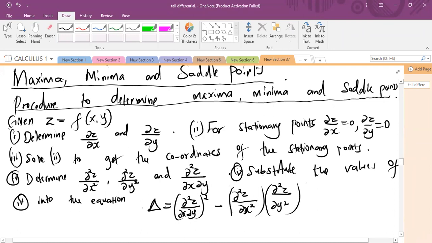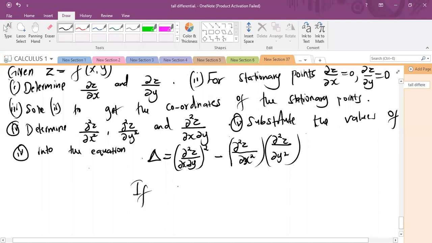Now, the value of this equation is what will help us know if it's a maxima, minima, or a saddle point. So if it's greater than 0, then the stationary point is a saddle point.